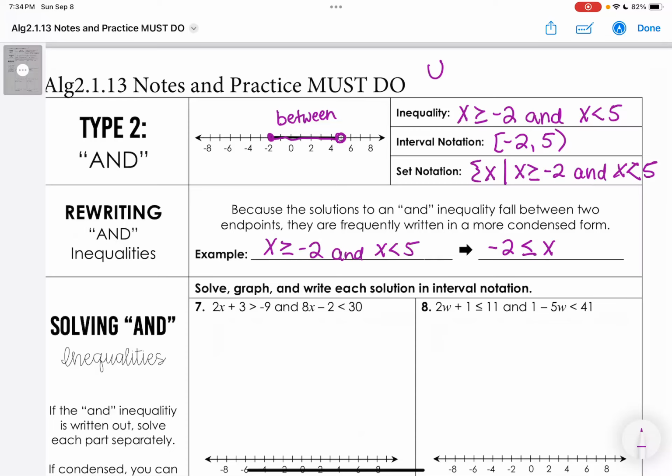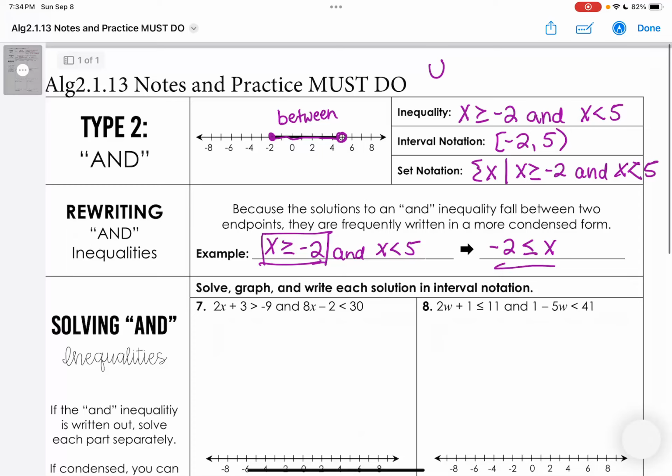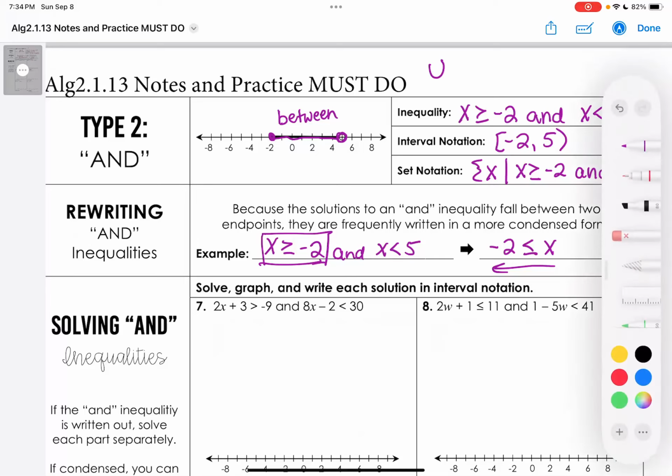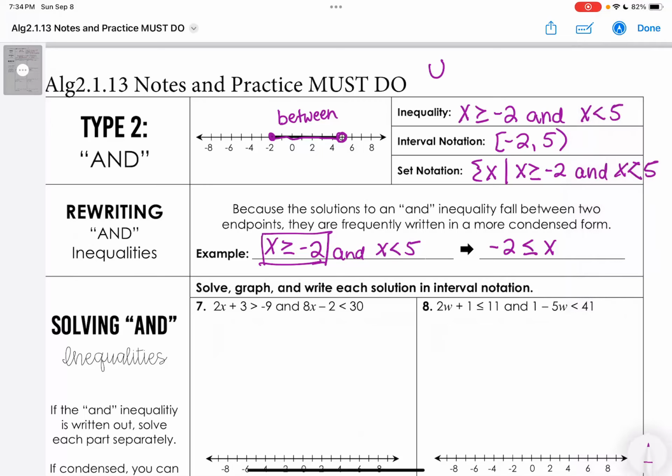So x is greater than or equal to -2. Now read this going back the other direction. So x is greater than or equal to -2. So it means the same thing there. So then we would also say x is less than 5. So x is between -2 and 5, and it could be on the -2 as well. So that's the condensed form.